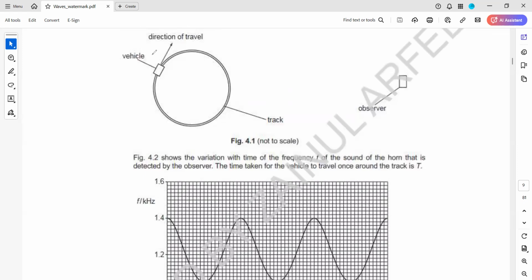We can mark the position X here, anywhere in this section. But that is where the maximum increase is. As the vehicle is approaching, it is moving closer. When the object is moving closer, what will happen to the frequency? The observed frequency will increase. So in this section of the track, we can mark X.